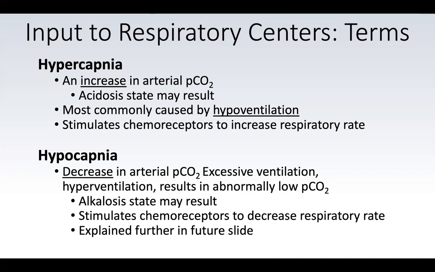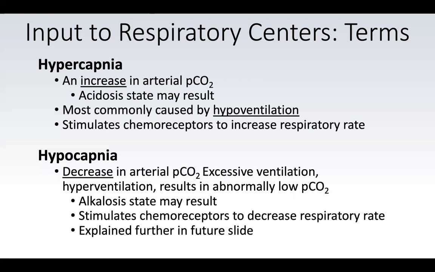The opposite is hypocapnia, where you have a decrease in partial pressure of carbon dioxide. This is commonly caused by excessive ventilation. You're not keeping enough carbon dioxide in because you're breathing so much out. The result will be alkalosis, which is a term we just defined, an increase of pH of blood past 7.6.